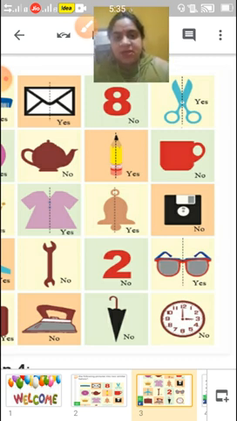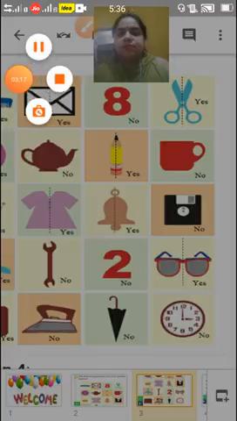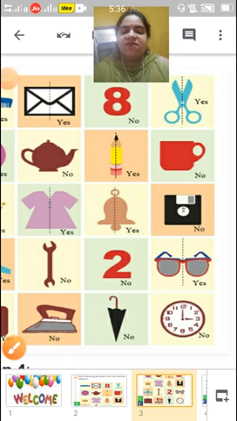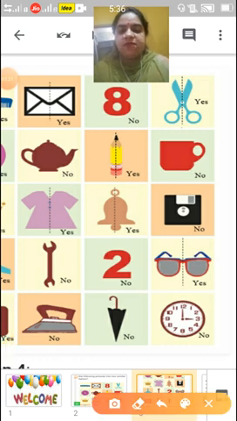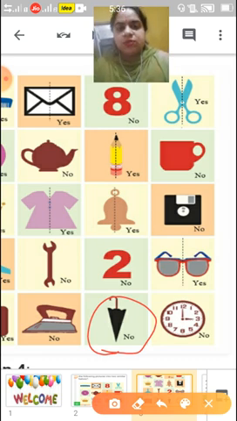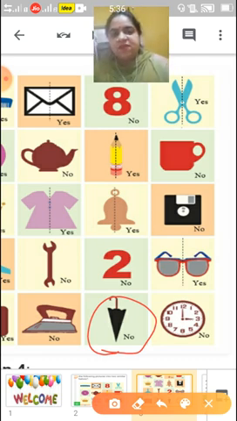Your answer is no. Now your next picture is an umbrella. So this is also not having two similar mirror halves. So your answer is no. Now come to the next picture children. This is also having two similar mirror halves.